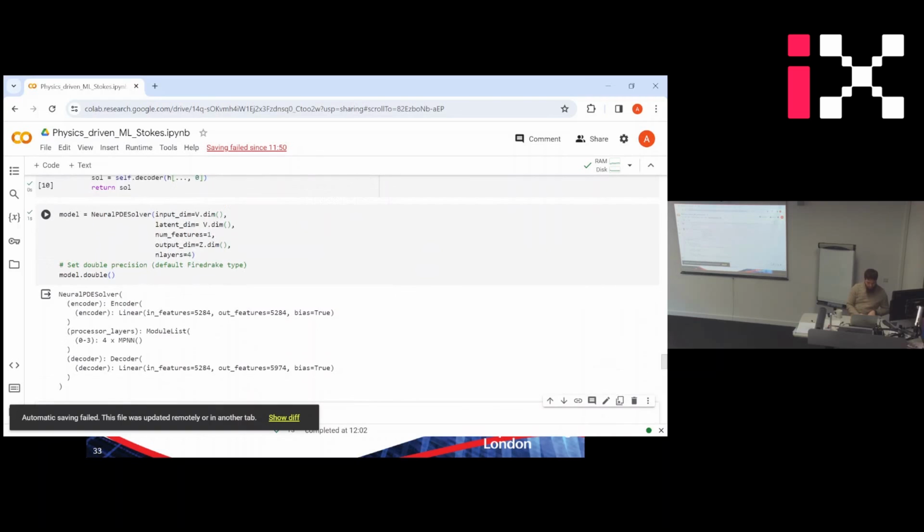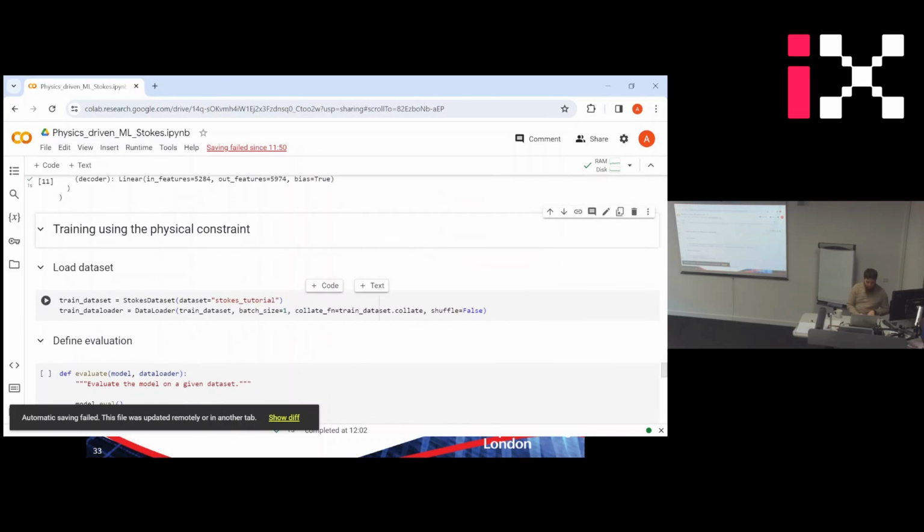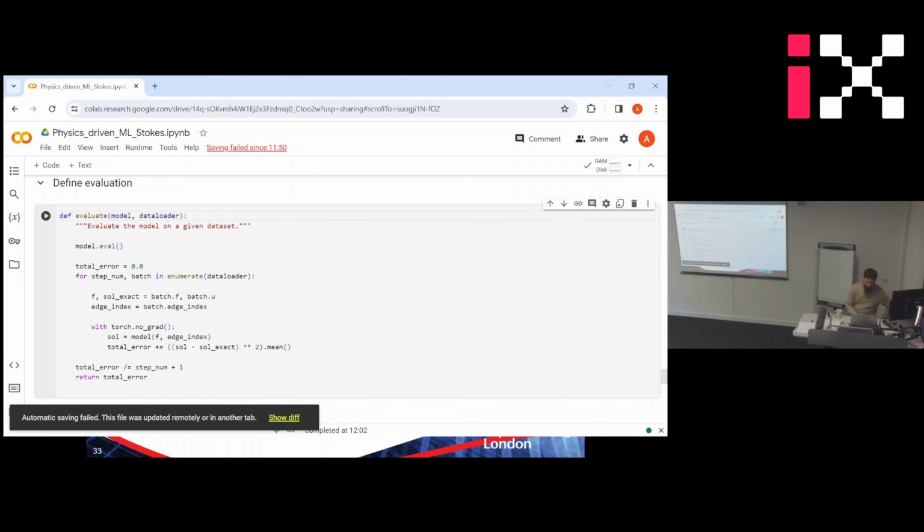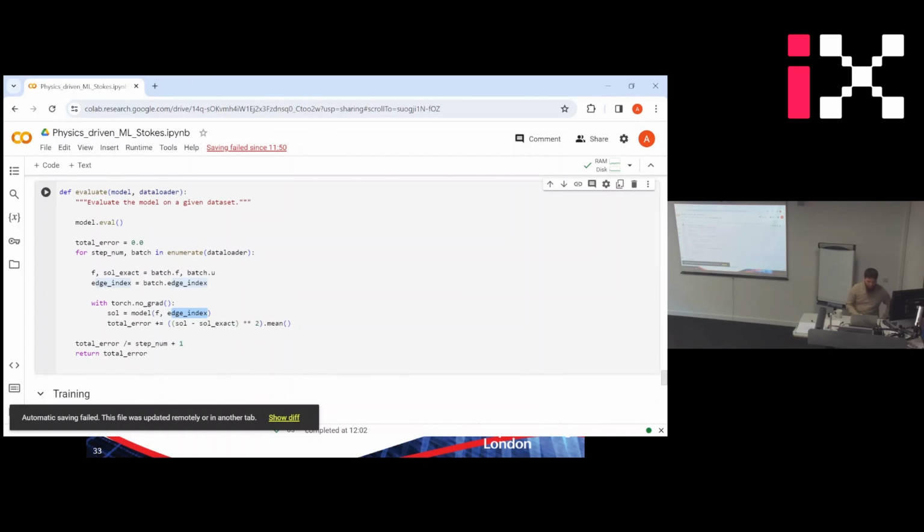Okay. So I have my model, and I will now train. So I load my datasets. All right. This is how I evaluate the error. Remember, I want to learn the mapping that takes the source term f to the solution. So I have my model that takes f. It takes edge index. Edge index is the adjacency list, so it represents the graph, right?